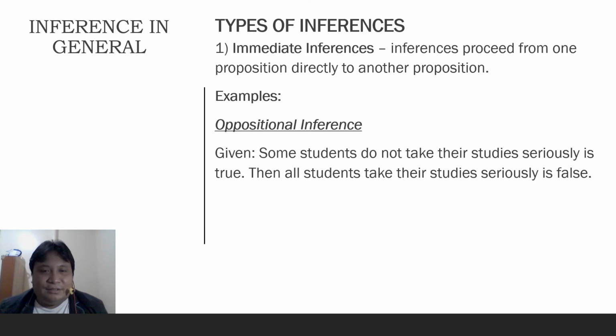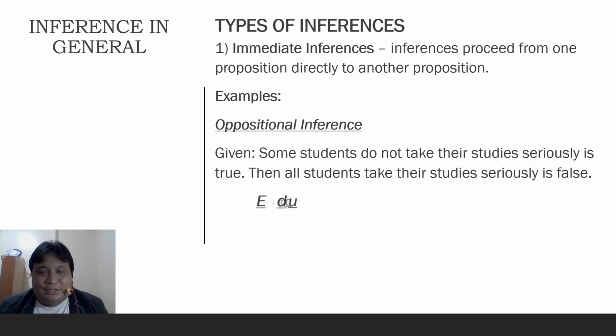Why is it? The given is true, then the A proposition is considered false because of the principle of contradiction. But anyway, on the next subtopic, I will give you the oppositional inference.